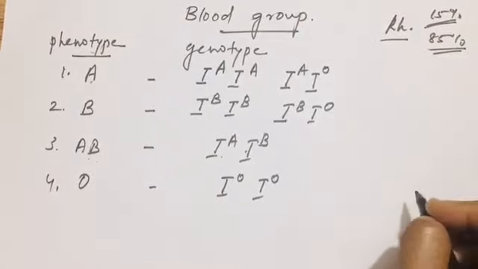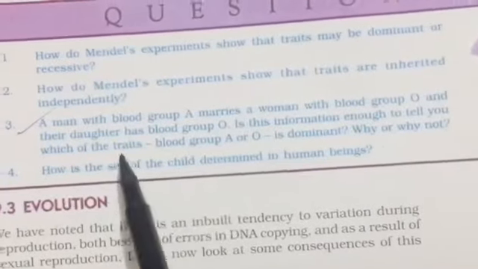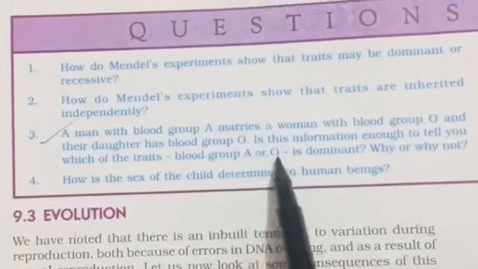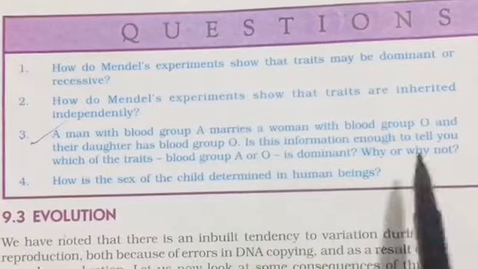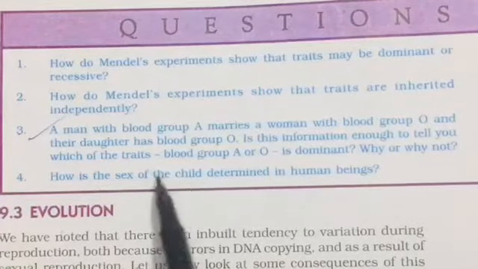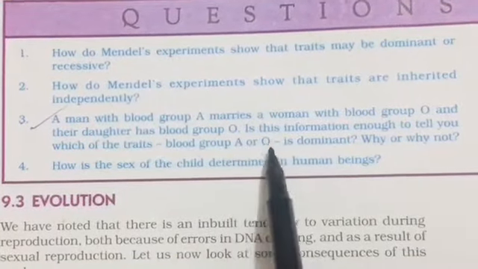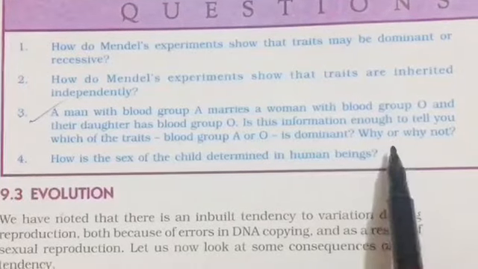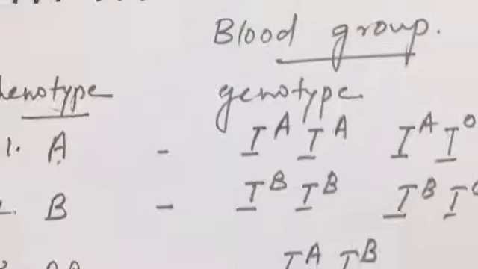A man with blood group A marries a woman with O and their daughter has blood group O. Is this information enough to tell which of the traits, blood group A or O, is dominant, and why or why not? You will be able to solve this question now.